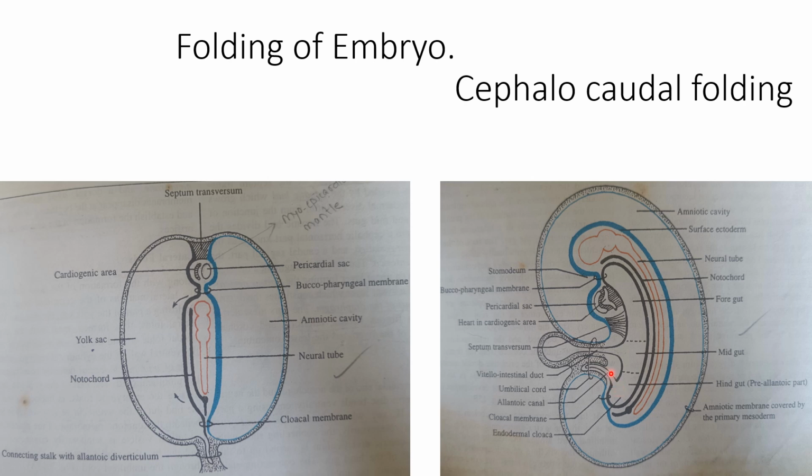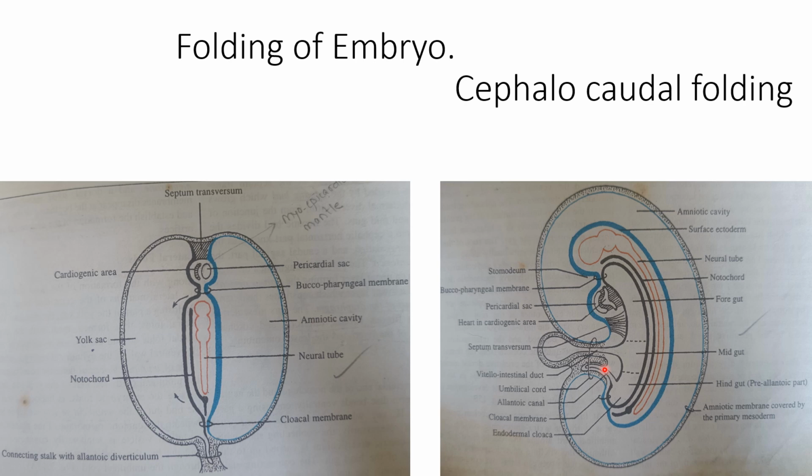Now what is the fate of this allantoenteric canal? Its proximal part will get incorporated in the endodermal cloaca, whereas the distal part of this allantoenteric diverticulum will form the urachus. Now this urachus extends from the apex of the urinary bladder up to the umbilicus, and it will get obliterated to form the median umbilical ligament.